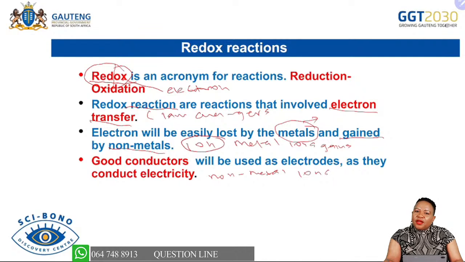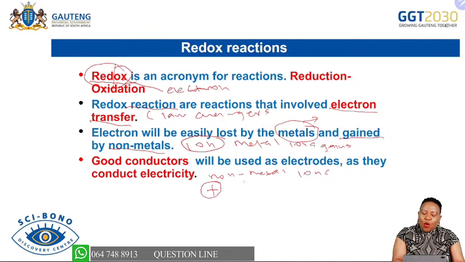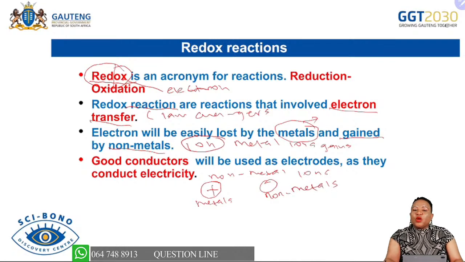In an instance where a substance has lost electrons, what will happen? It means it will have more protons than electrons. So we'll see most of the metals having a positive charge. However, non-metals have a negative charge, because if non-metals gain electrons, they will have more electrons than protons.